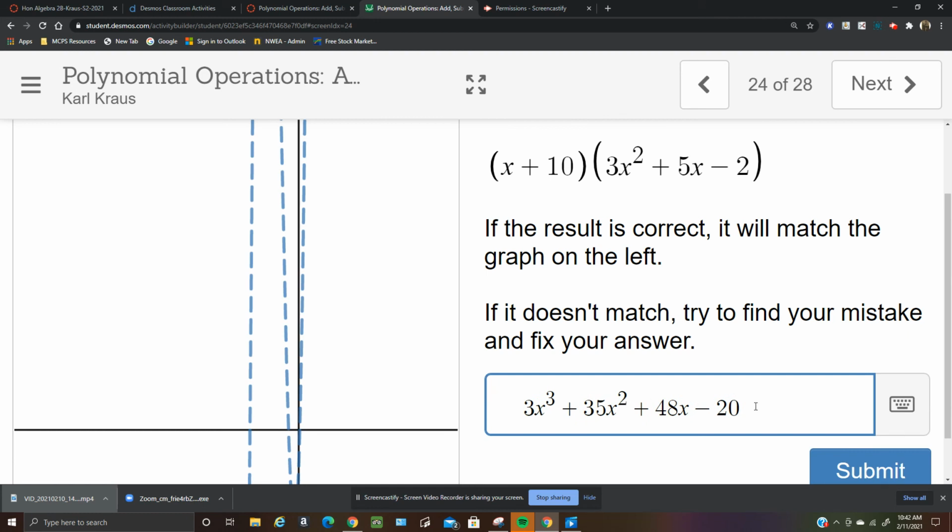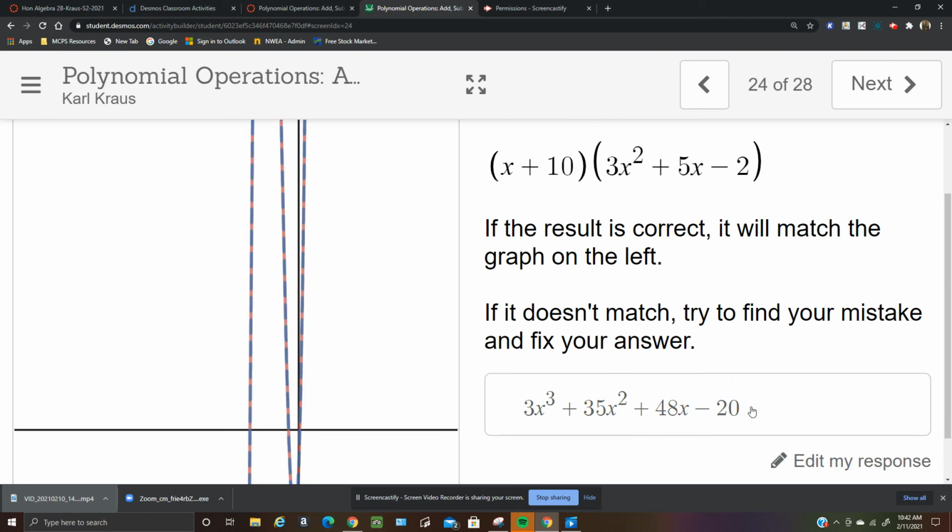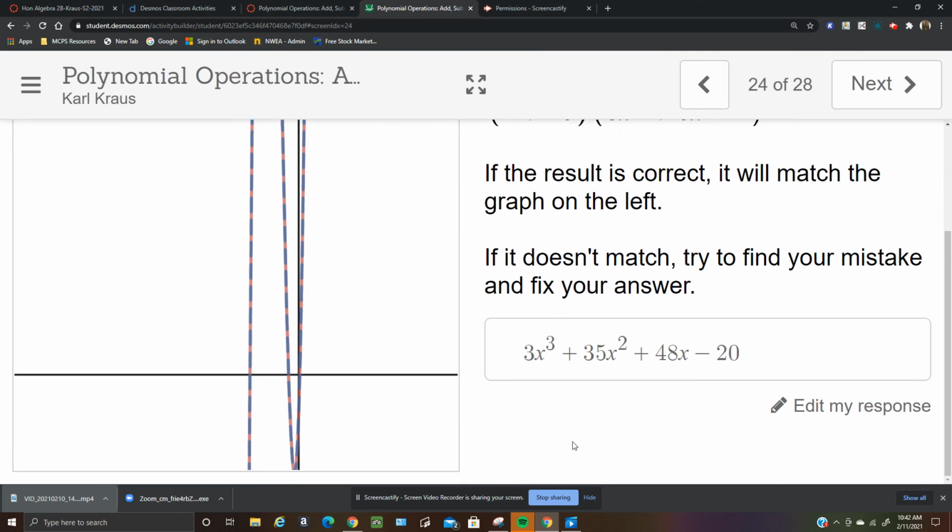Let's see if it's right. Together the graph there.